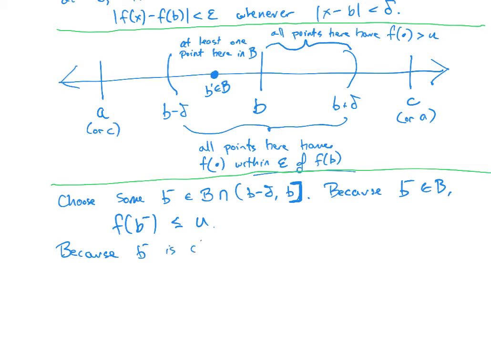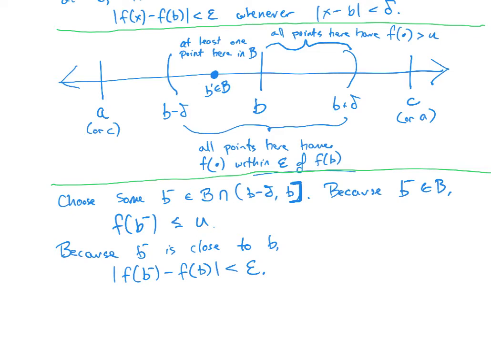So because it's close to b, that means that its function value is within epsilon of f of b. Remember, we just let epsilon be arbitrary. So this is really true for any epsilon. For any epsilon we pick, there's a delta so that we can do this.